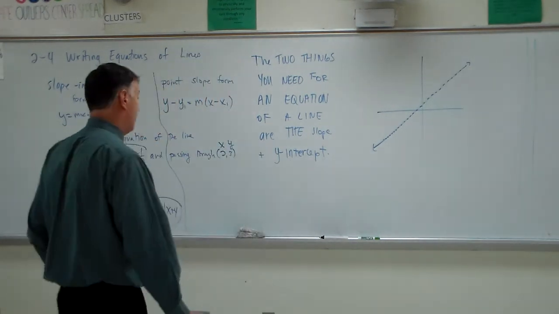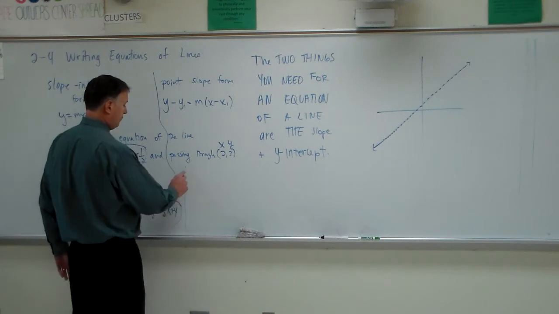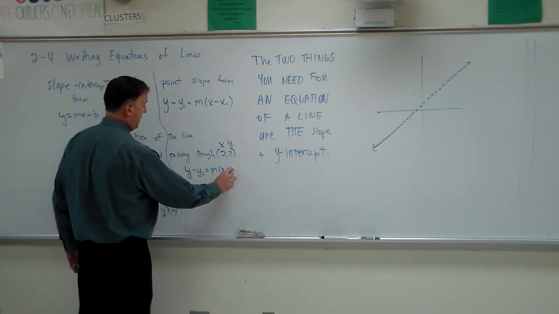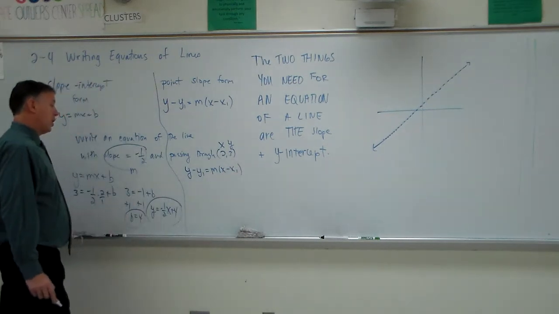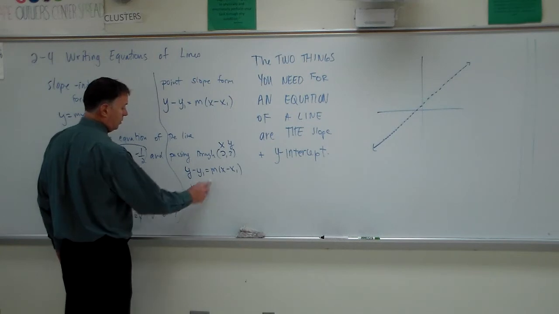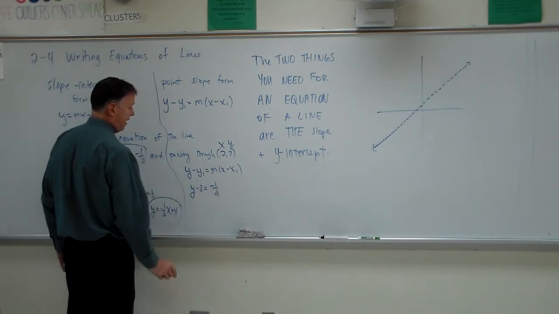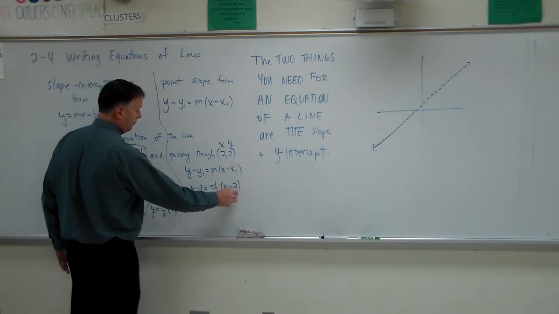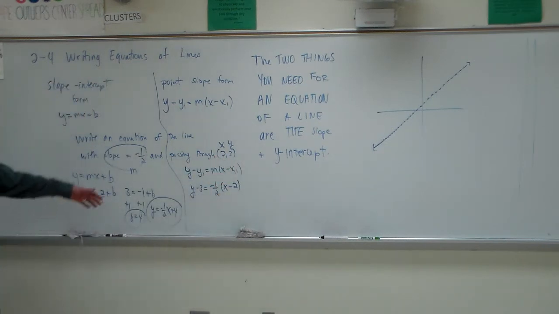So now I'm going to use point-slope form. Okay? Point-slope form. So that's y minus y1 equals m times x minus x1. So my y1 is 3, so it's going to be y minus 3 equals negative 1/2, which is my slope, times x minus my x1, which is 2. Okay, let's simplify this.